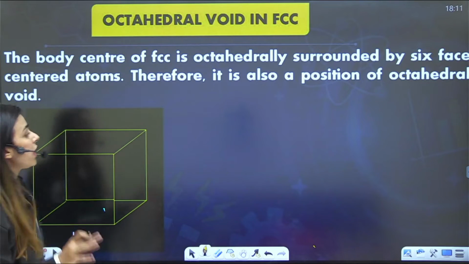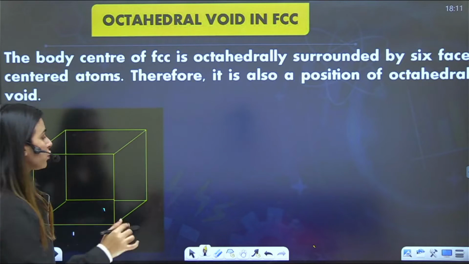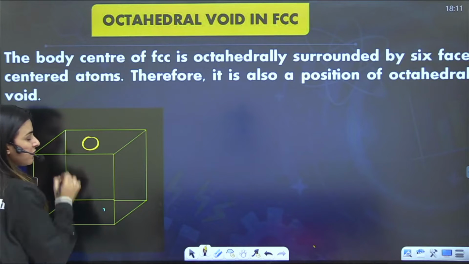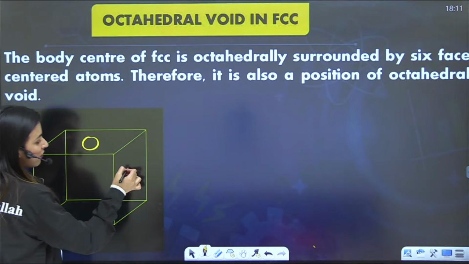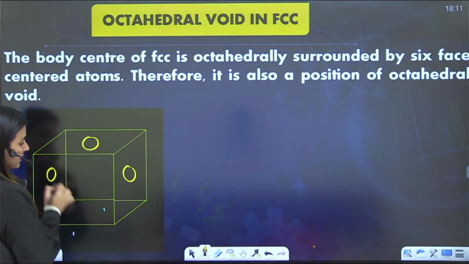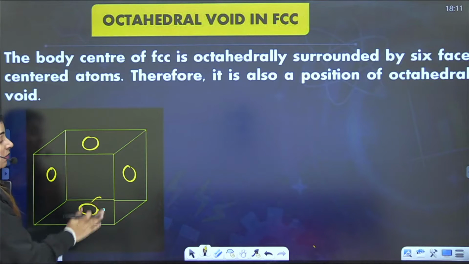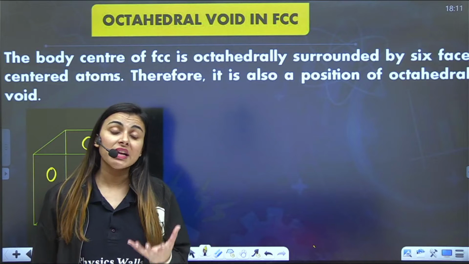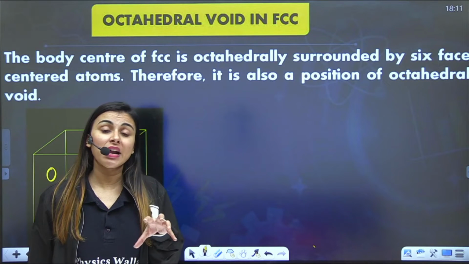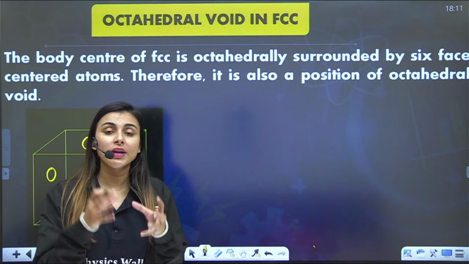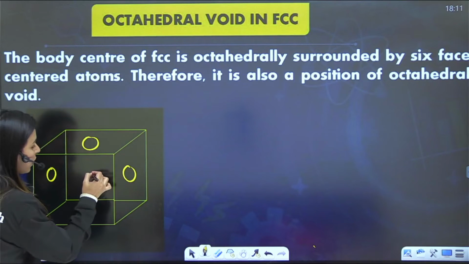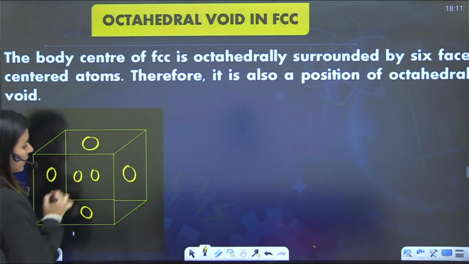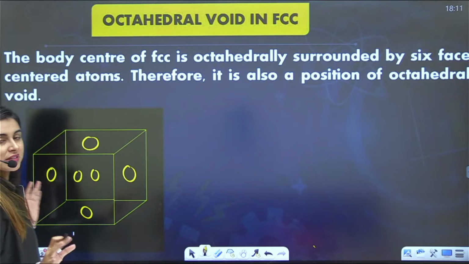Okay, so now my dear students, what you actually have to imagine is, imagine you have one face center atom here, one face center atom here, one here, one here. I am not drawing the corner atoms because I want to make you understand how your face center atoms form an octahedral void at the body center. Okay, so you have one atom here, and let's say you have one atom here. Okay, so these are the face center atoms, right?